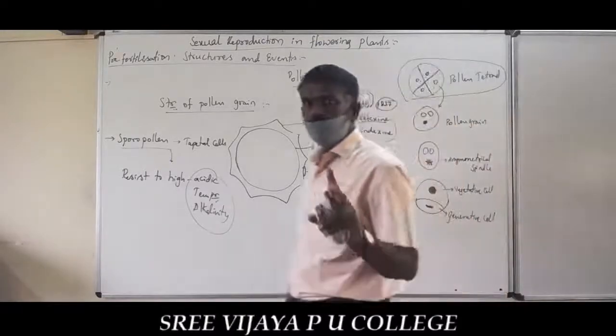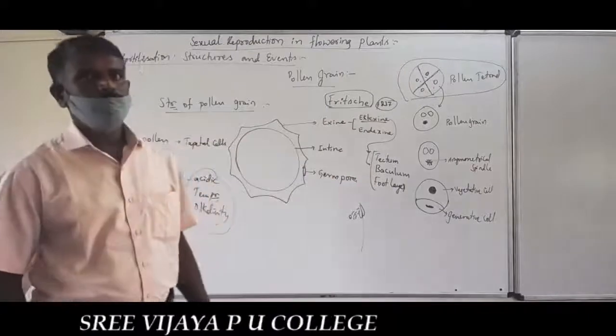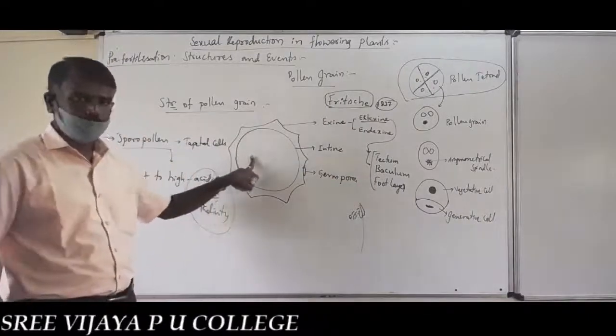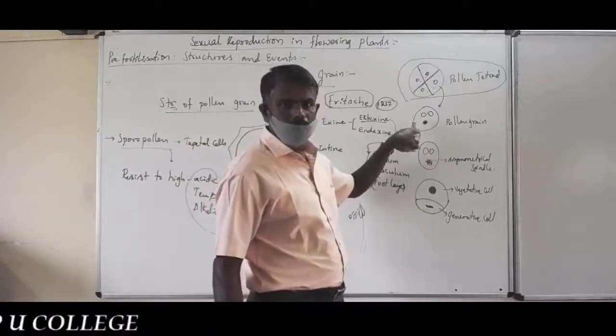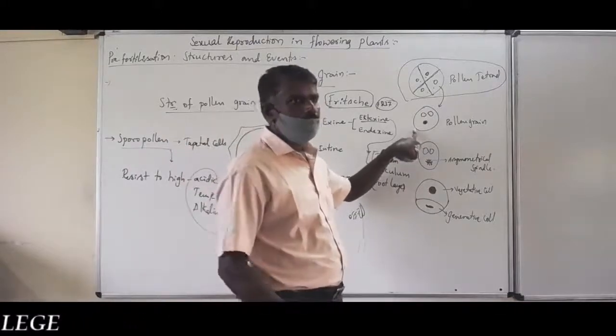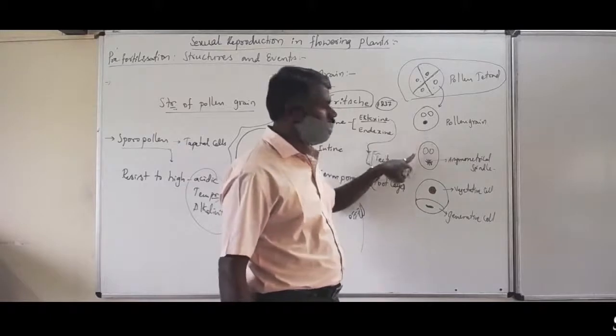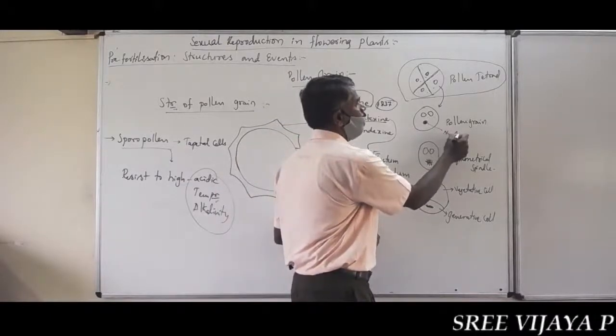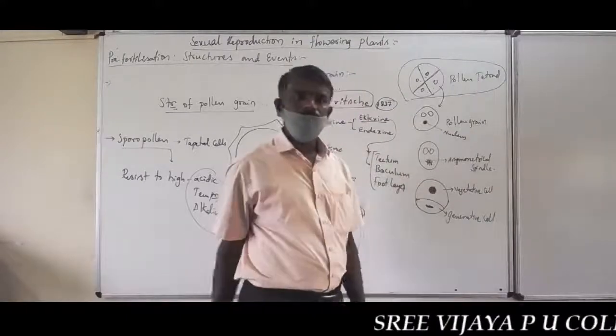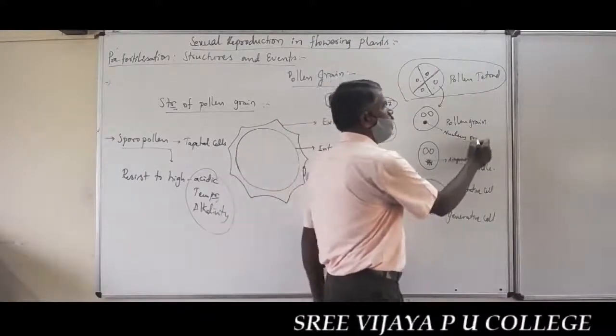So what are the two cells present in the pollen grain? See here, for example, it is a pollen grain. In the pollen grain, there is the pollen nucleus, and the pollen nucleus divides mitotically.